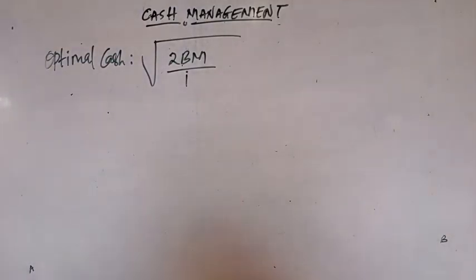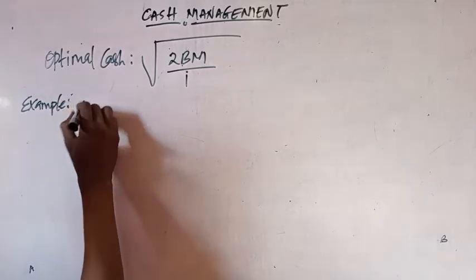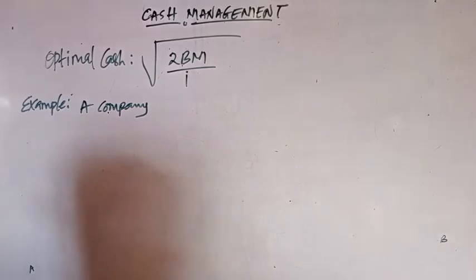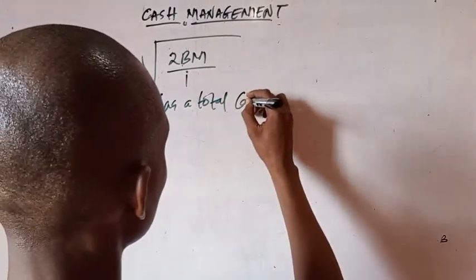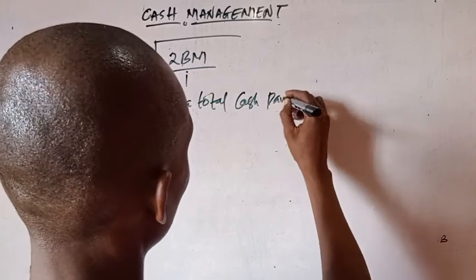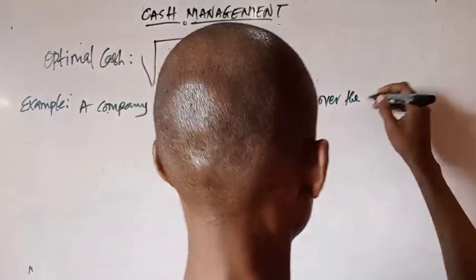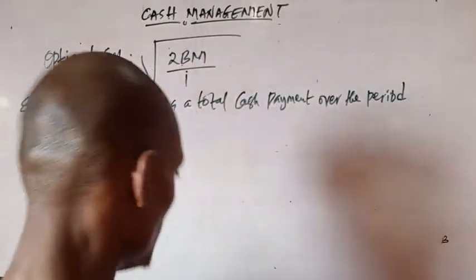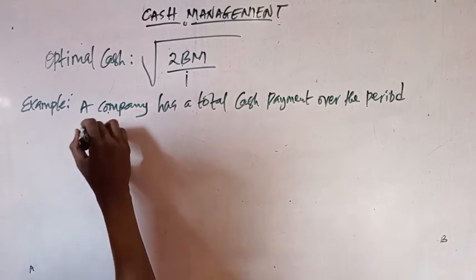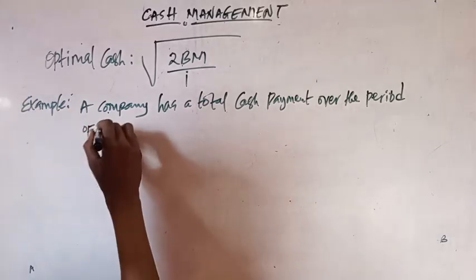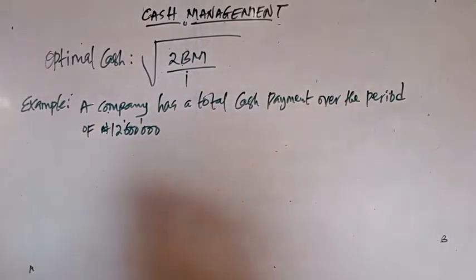Now let's take for example a company that has a total cash payment of $12.6 million.